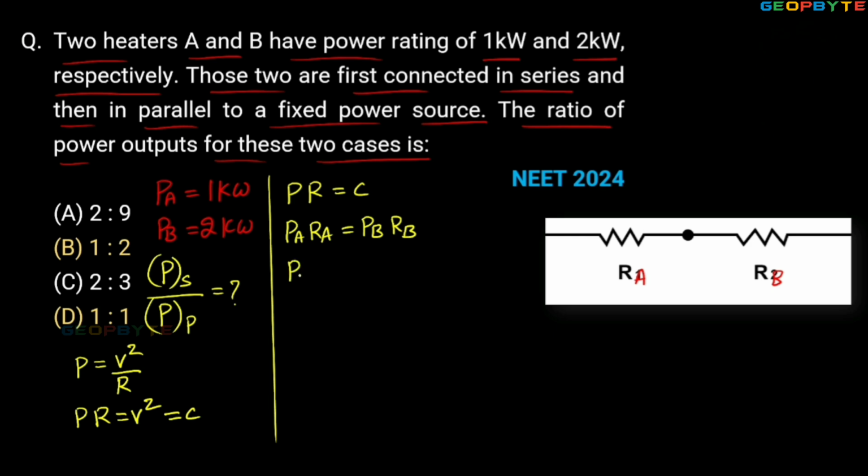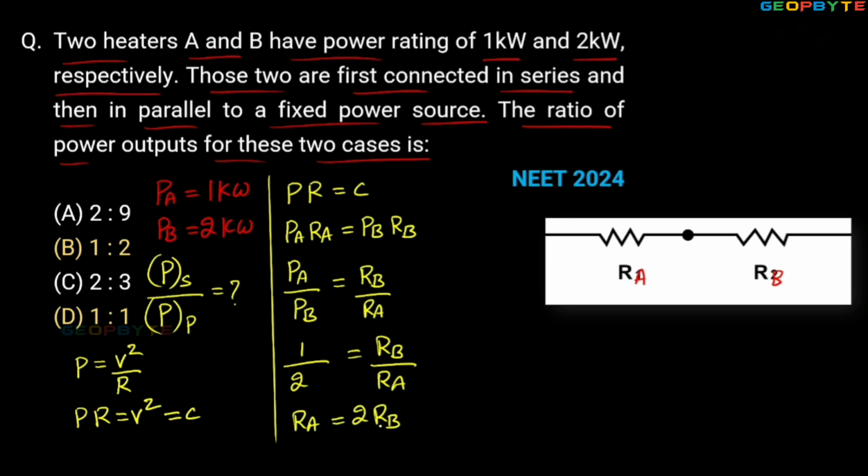From this, I can write that PA by PB equals RB by RA. Look at PA 1, PB 2, equals RB by RA. From this, RA equals, listen carefully, 2RB. That is the relation between RA and RB.